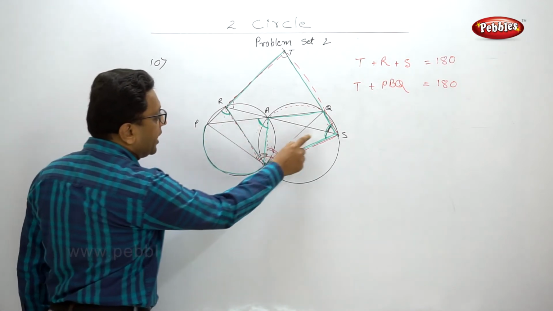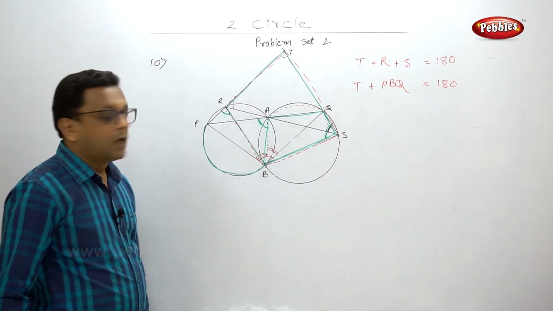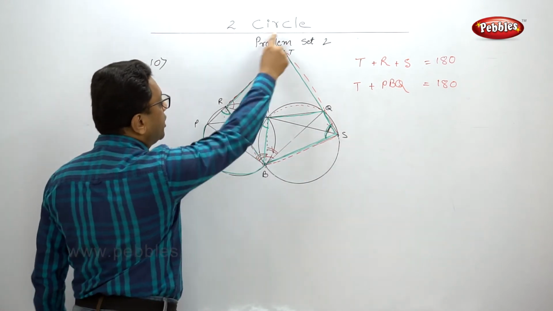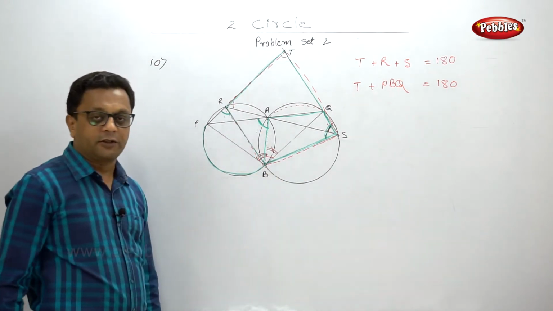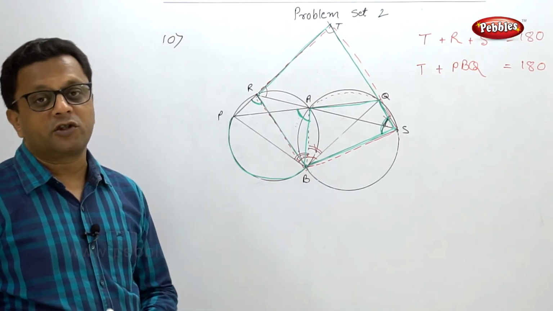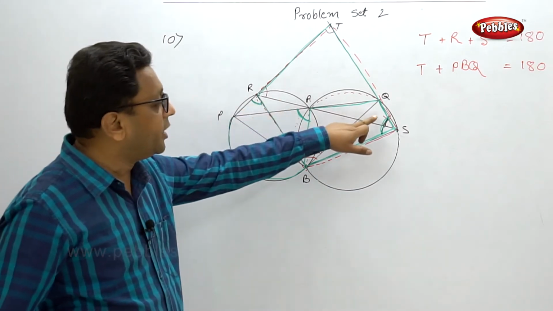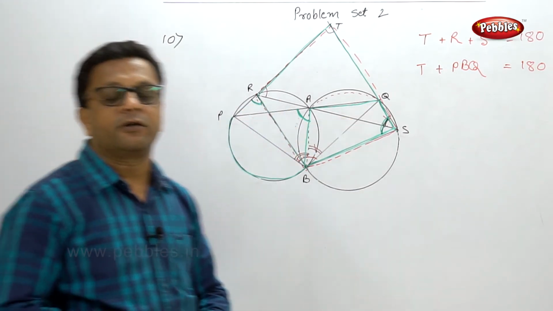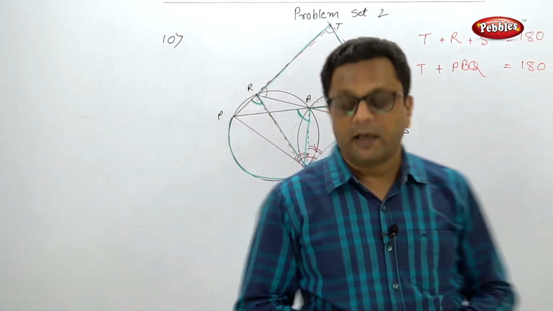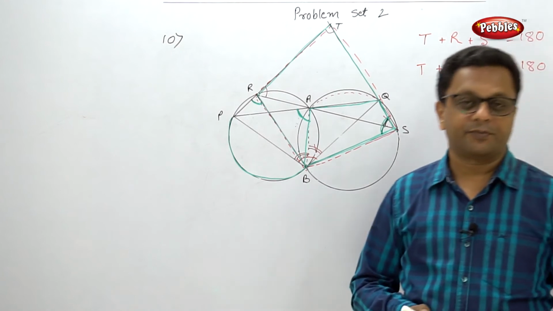So these three angles are equal. So this angle is equal to this angle. Now we have to prove that this bigger quadrilateral is a cyclic quadrilateral. So in this case we will use the converse of the theorem on cyclic quadrilaterals. That is, if the exterior angle is equal to the remote interior angle, then the quadrilateral is cyclic, and hence this is the cyclic quadrilateral.